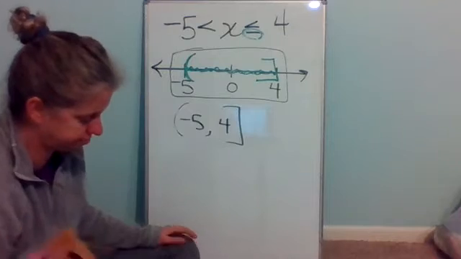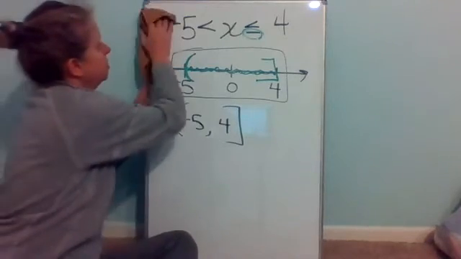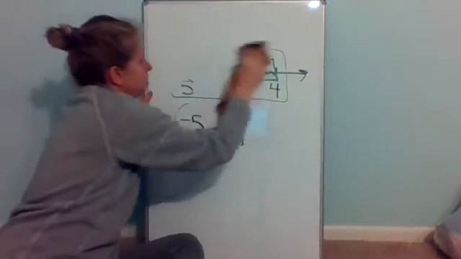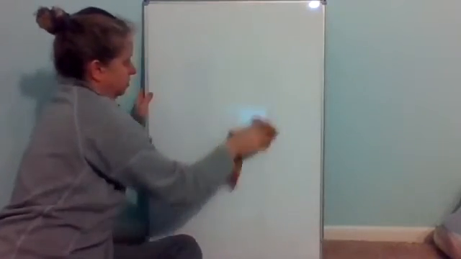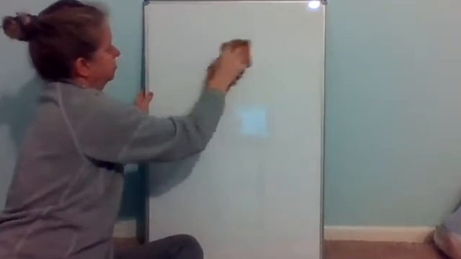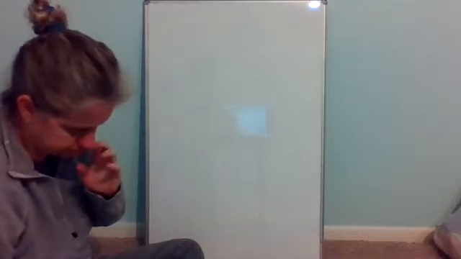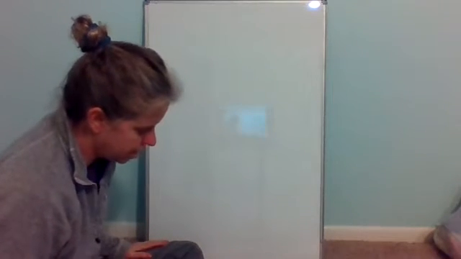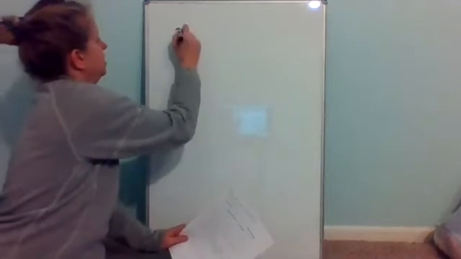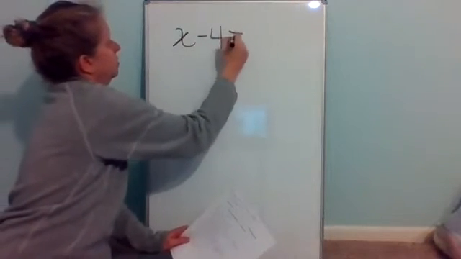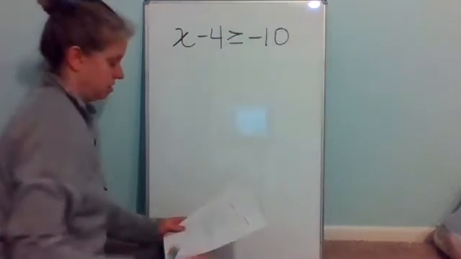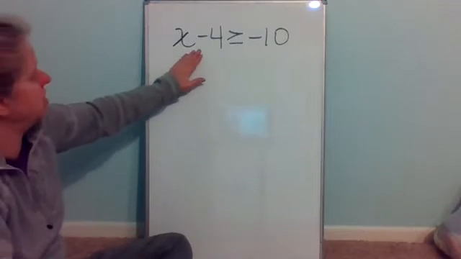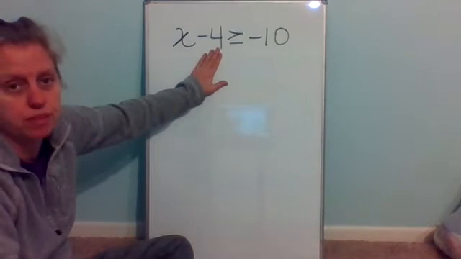Okay, number 11. All right, another inequality. X minus 4 is greater than or equal to -10. Okay, so the first thing we need to do is get this X by itself.